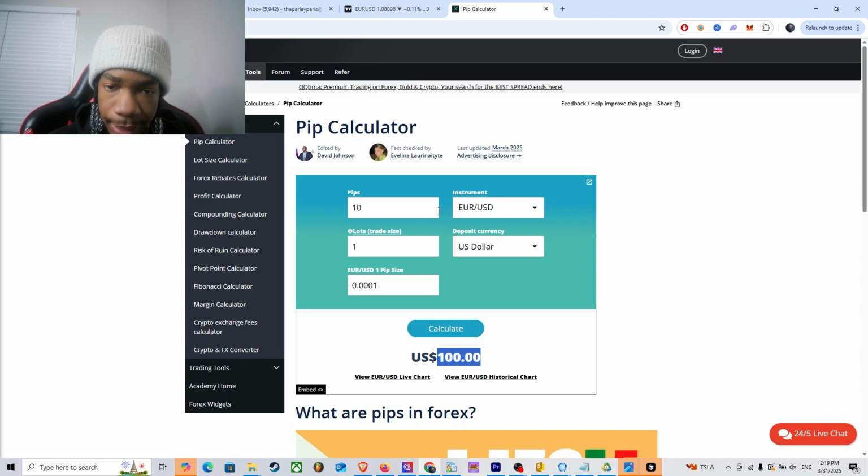The thing about this is it's definitely different on JPY pairs. It's very different on JPY pairs. It's not that simple. The math on them is kind of off. I don't know why exactly, but the math isn't the same as on USD pairs. Let me show you what I mean.